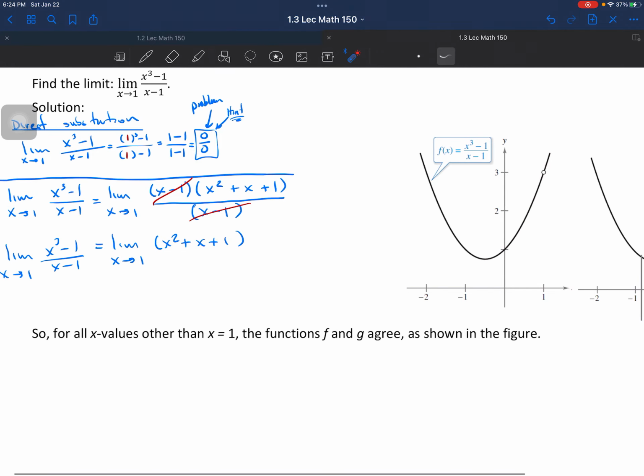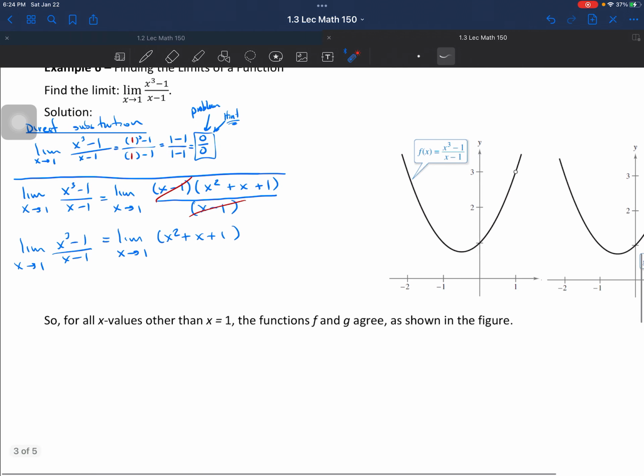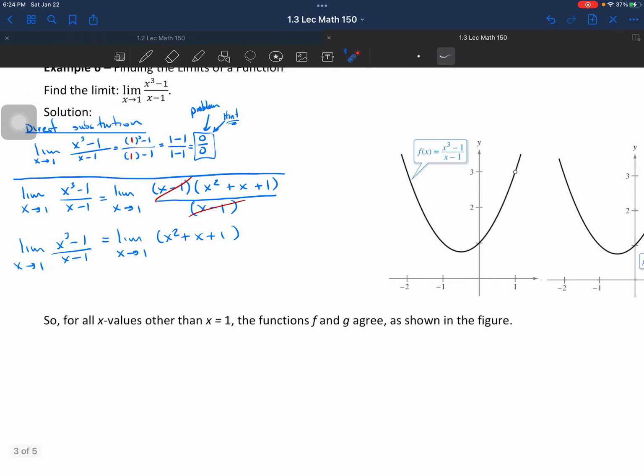So they have the same limit, and therefore if we can find the limit of this function, then we have found the limit of the other function.